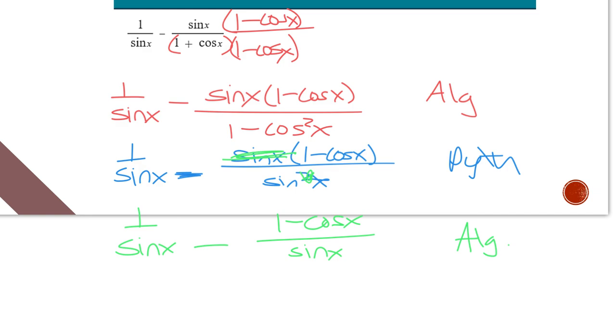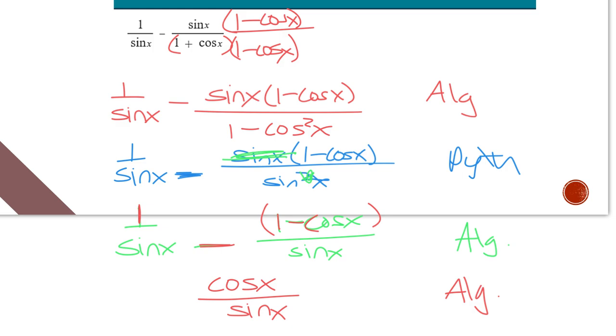And the nice thing about what we just did is now they're both a fraction with the same denominator. Now what we're going to do is 1 minus 1, which is nothing, and 1 minus a negative cosine. So we're subtracting everything on the top. So it ends up being a positive cosine of x over sine of x, which is some more algebra skills.